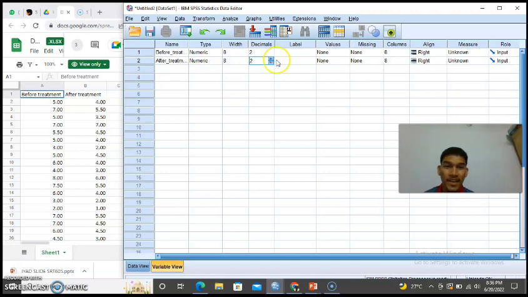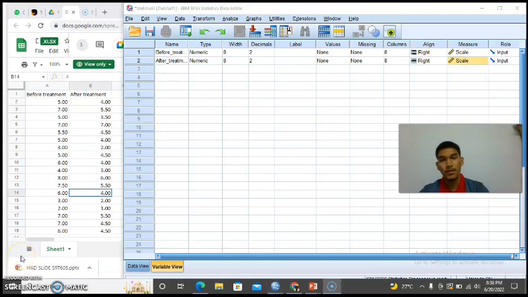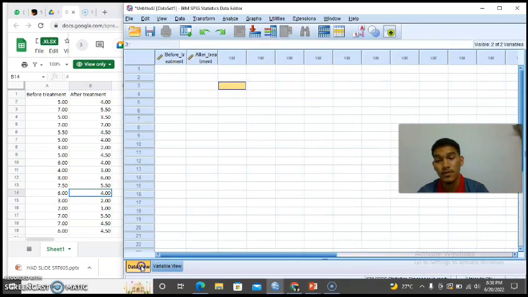And for the measure, scale and scale also. After we complete keying in the variable view, we move to the data view.